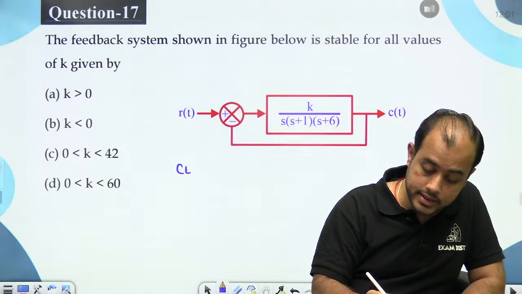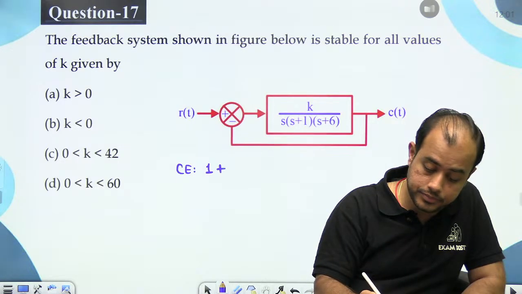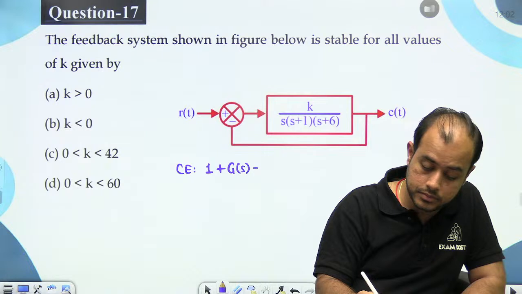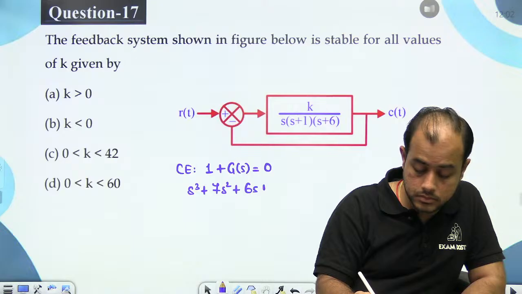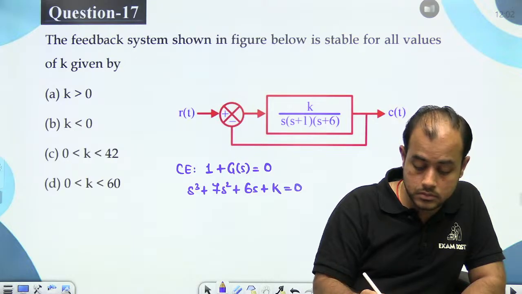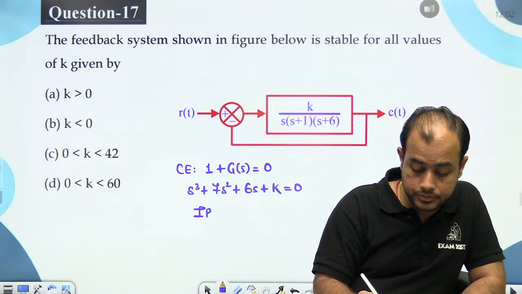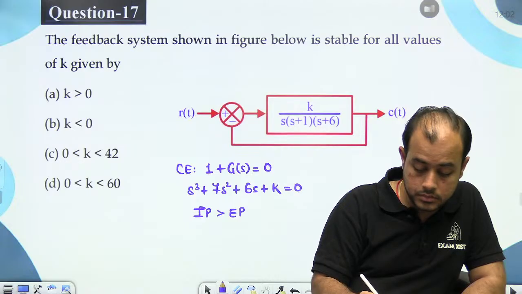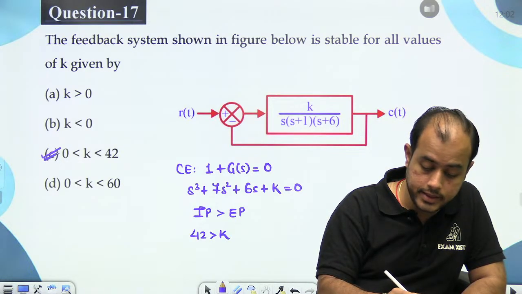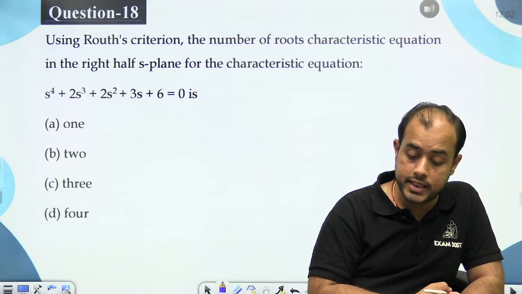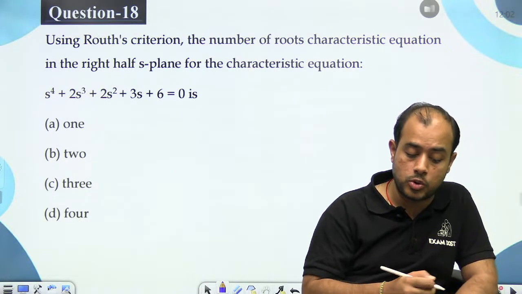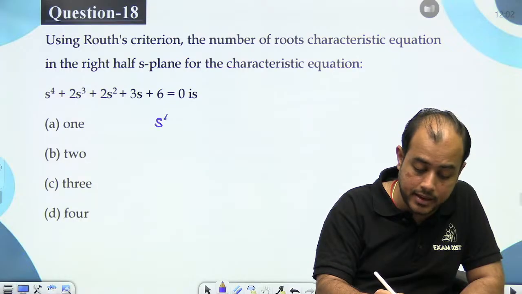So characteristic equation... so basically K between 0 and 42. Using Routh criteria, number of roots in the right half plane.